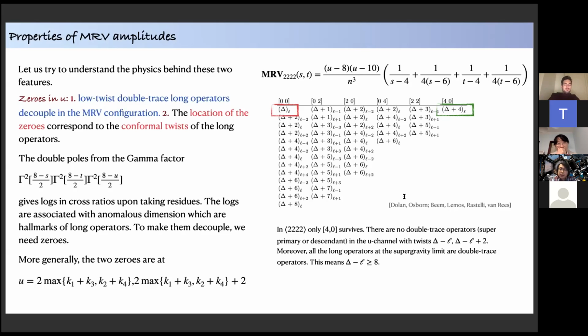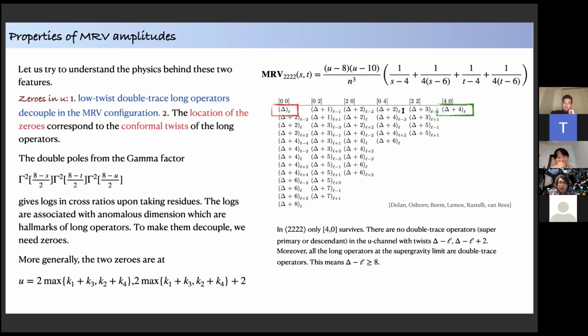So in this case, the minimal twist is 4 plus 4, so that's 8, but we have just seen that operators with twist 8 should not survive in this limit, and similarly, twist 10 is also absent. So the first thing we are going to see is twist 12. And these numbers, 8 and 10, are precisely the locations of these zeros.